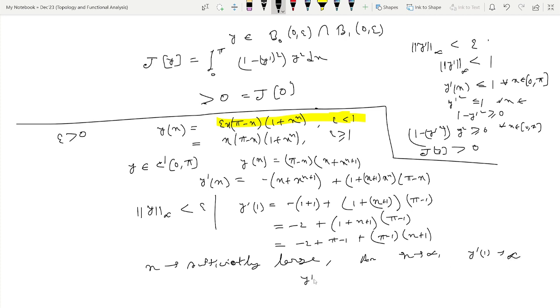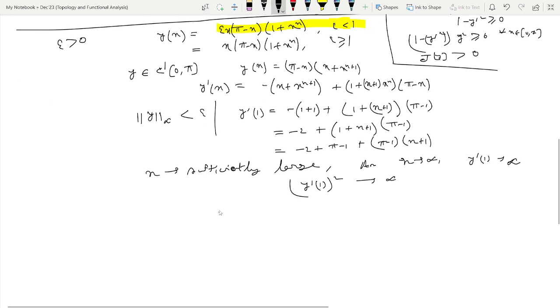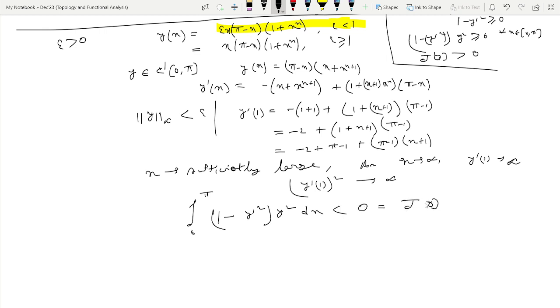So our y'(1) squared will be very large, and hence this 1 minus y' squared will be very small and negative. So this integral from 0 to pi must be less than 0. That is our J(0). So we have such y belongs to B00 epsilon such that J(y) is less than J(0).